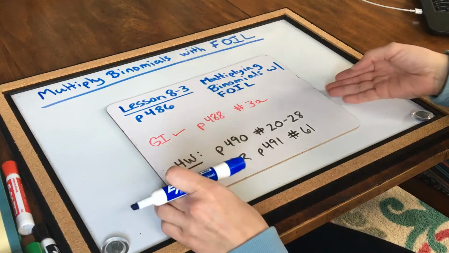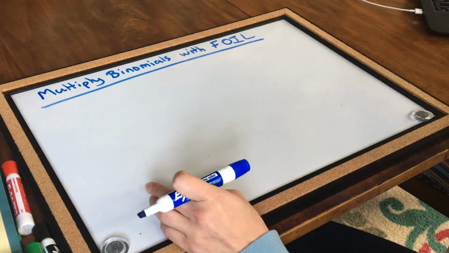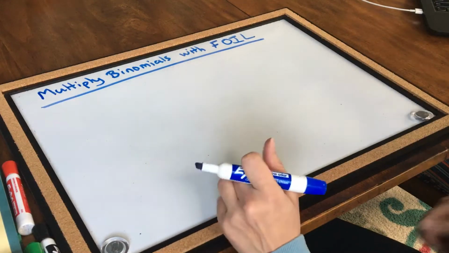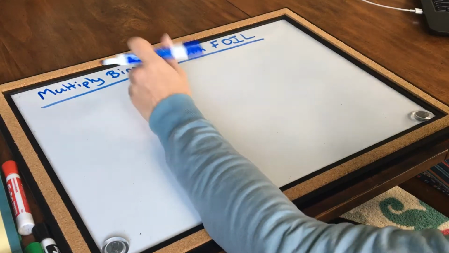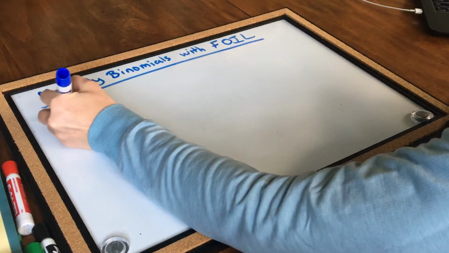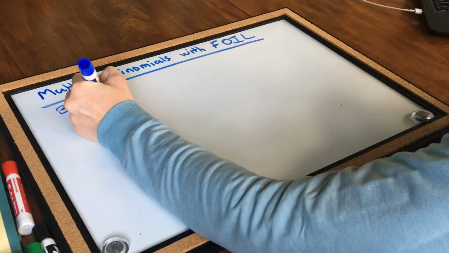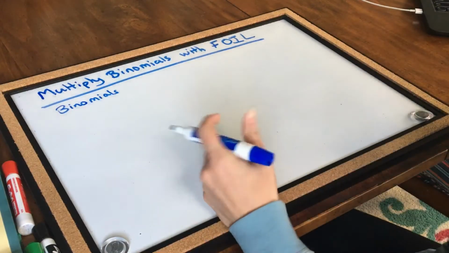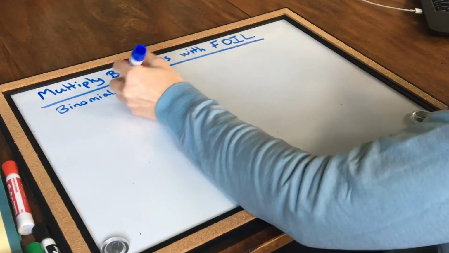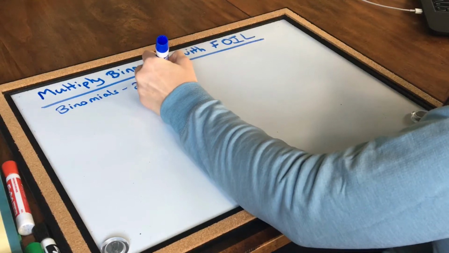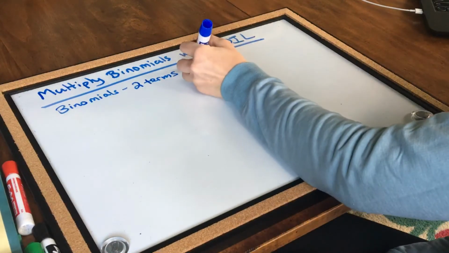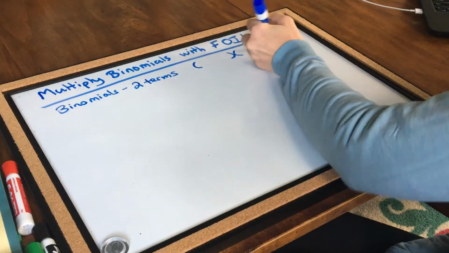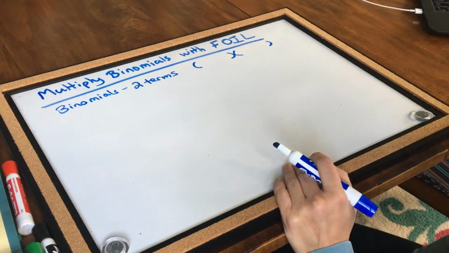Okay, so first of all, we are talking about binomials here. So what do we mean when we have a binomial? Well, a binomial means that we have 2 terms. So when we multiply binomials, since they have 2 terms, what we're going to be looking at is 2 expressions in parentheses.